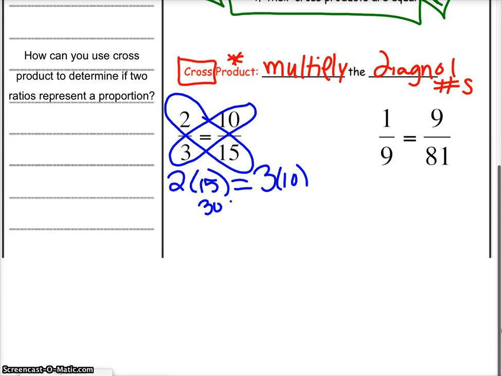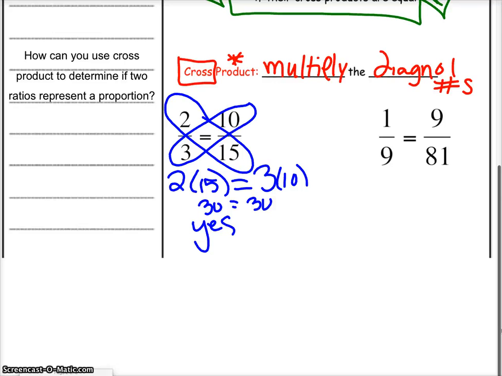Does 30 equal 30? Yes, it is a proportion. So if their cross product is equal, then it's a proportion.